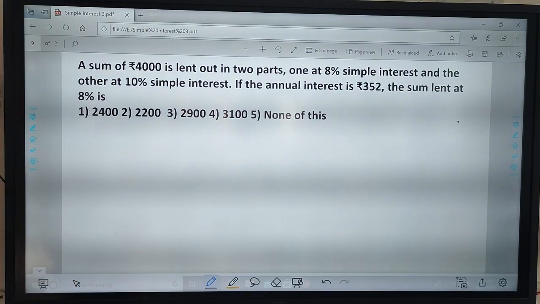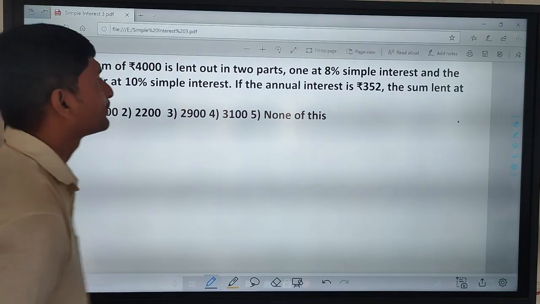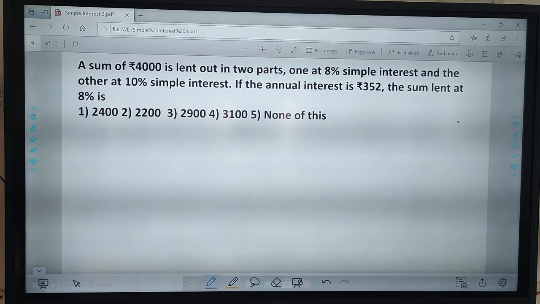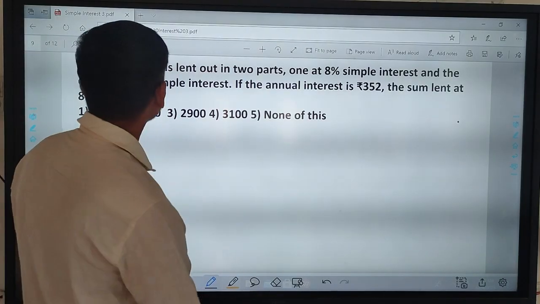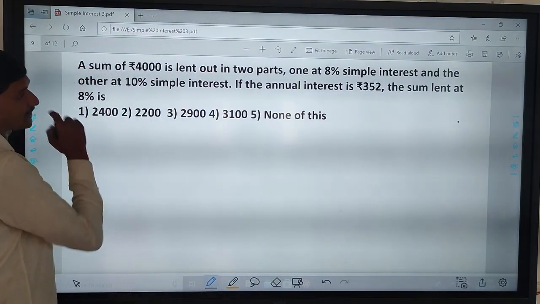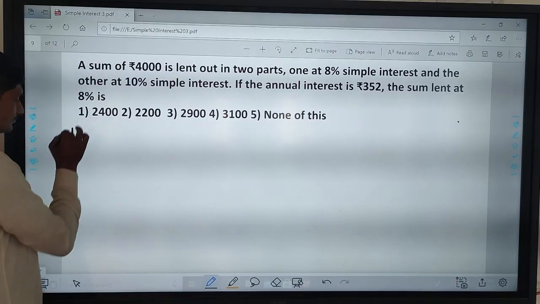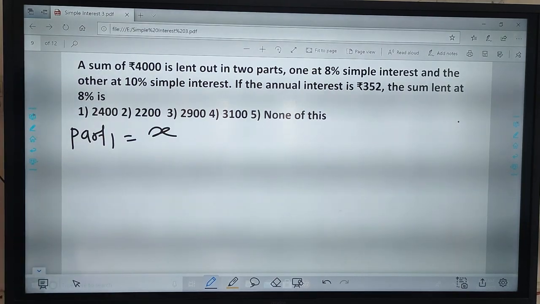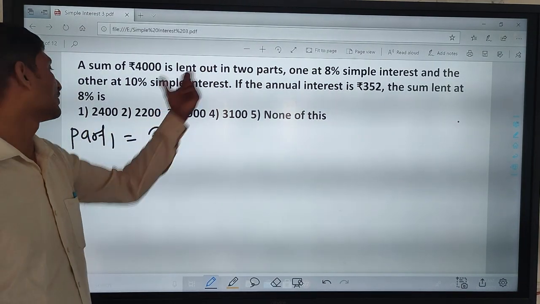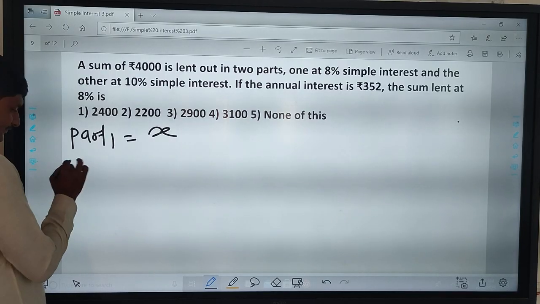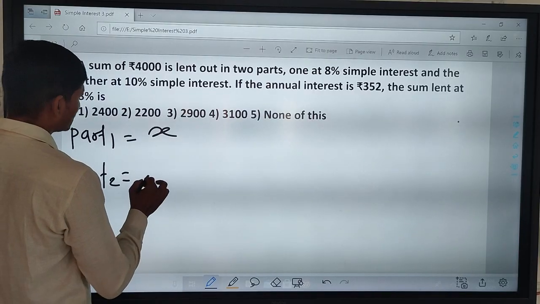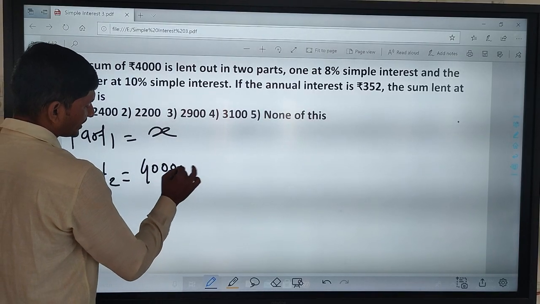Now here there are two sums, one at 8% simple interest rate and the other at 10% simple interest rate. The total interest is 352. There are two parts: part 1 is equal to x, and part 2 is 4,000 minus x.